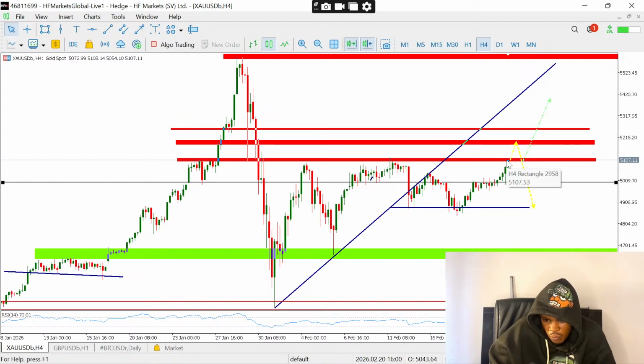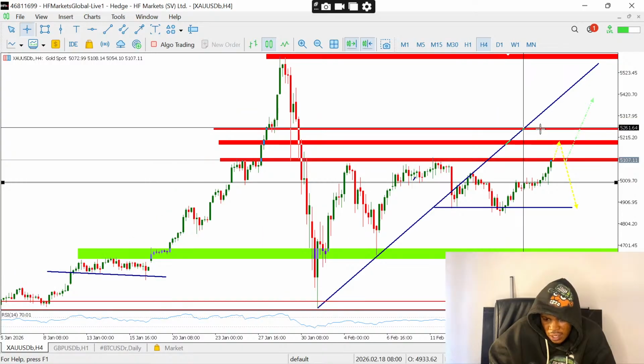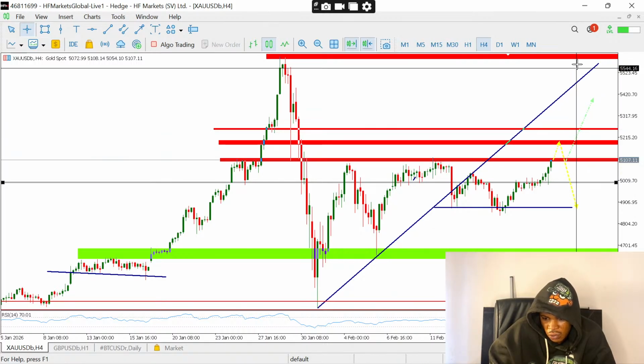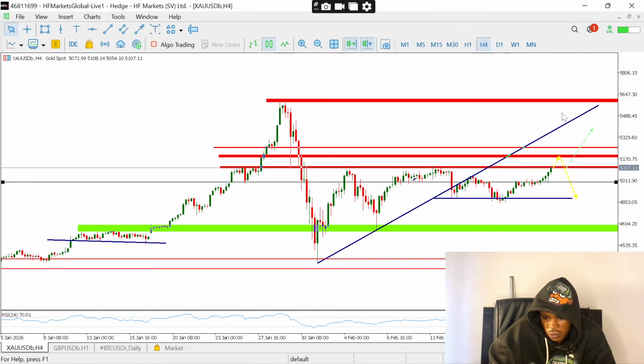I think gold is going to break all the way to this area right here, and if gold can break above this level right here, gold is going to continue in its upward movement until it gets to this 5609 level, which is above this area right here.